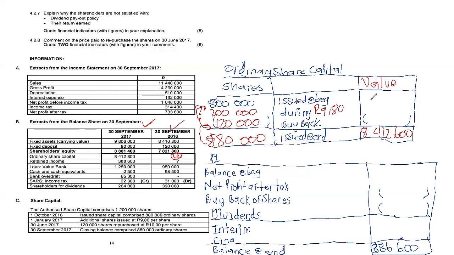To get the value of these shares issued during the year, you take 200,000 multiplied by 9 Rand 80. So the value of shares issued will be 1,960,000.